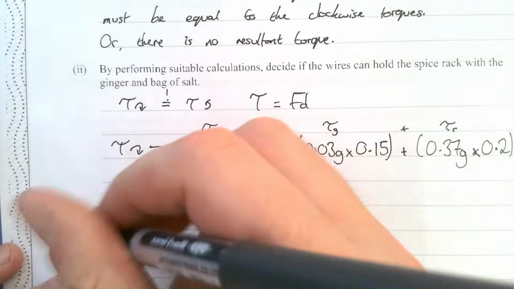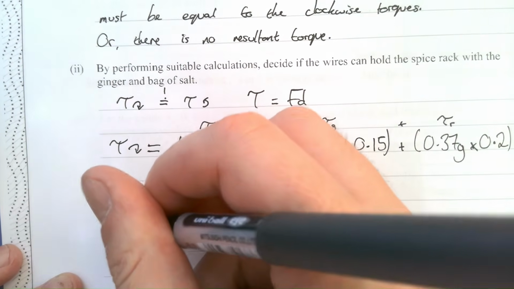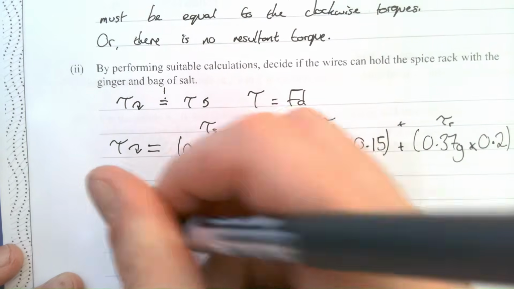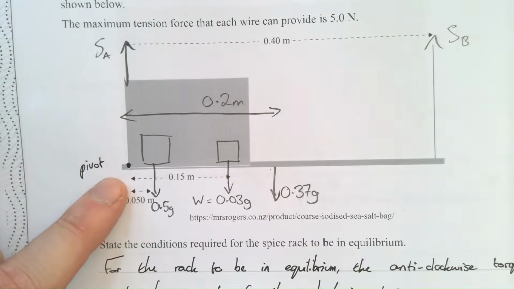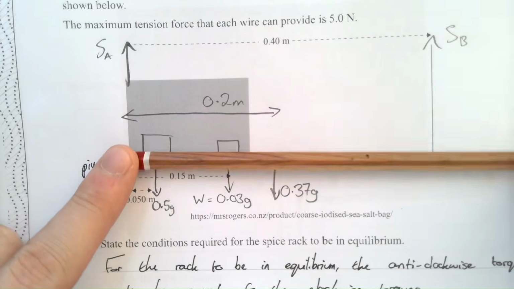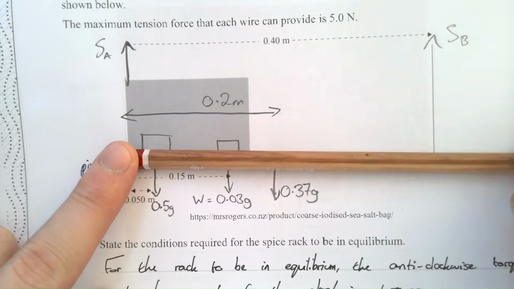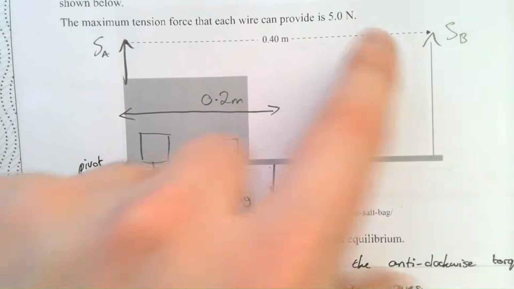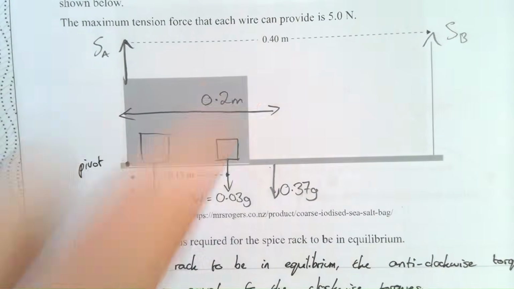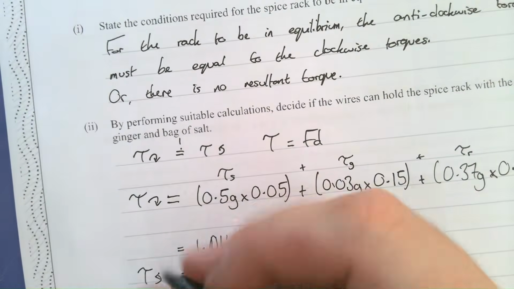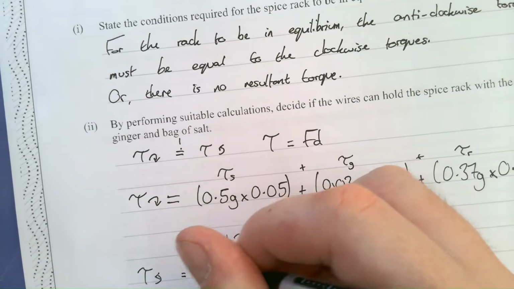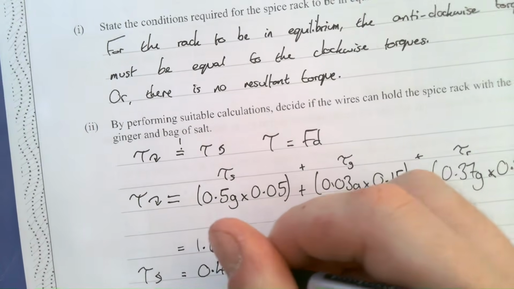Now, our anti-clockwise torque is much more straightforward. We said already that the only torque acting anti-clockwise is our SB. Therefore, it's an unknown force we're going to work out, and it's 0.4 meters away. So our anti-clockwise torque is just 0.4 SB.